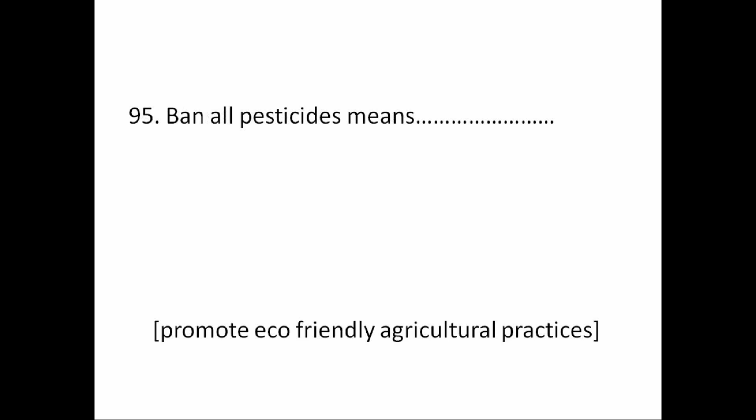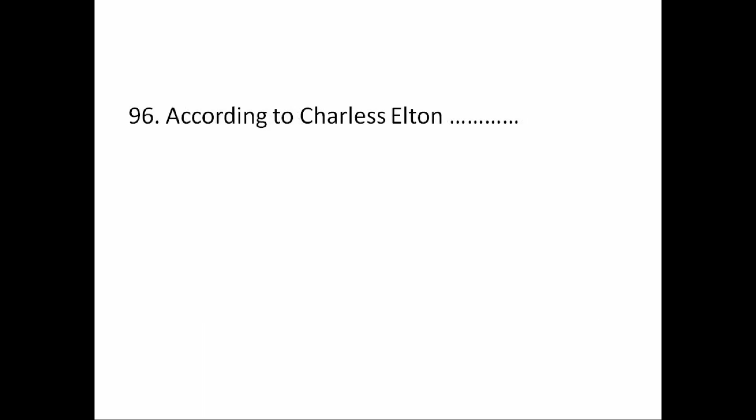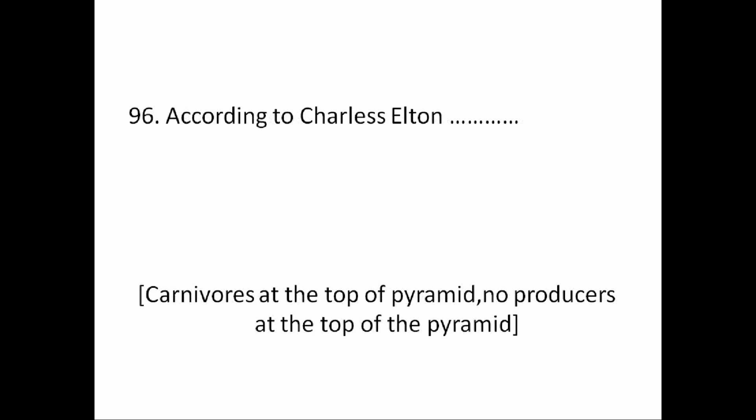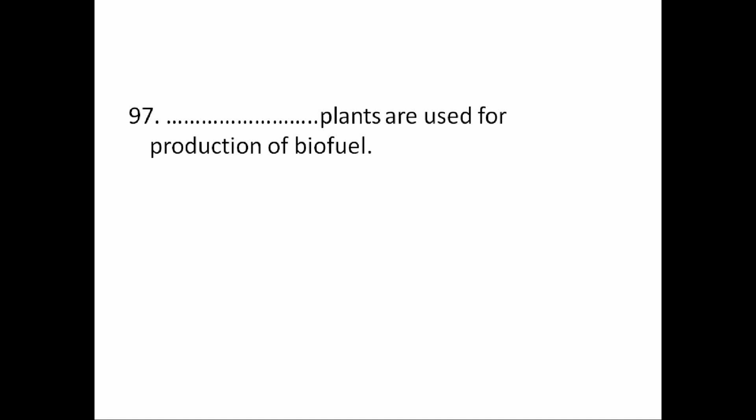Ban all pesticides means promote eco-friendly agriculture practices. According to Charles Elton, carnivores at the top of pyramid, no producers at the top of the pyramid. Which plants are used for production of biofuel? Jatropha.